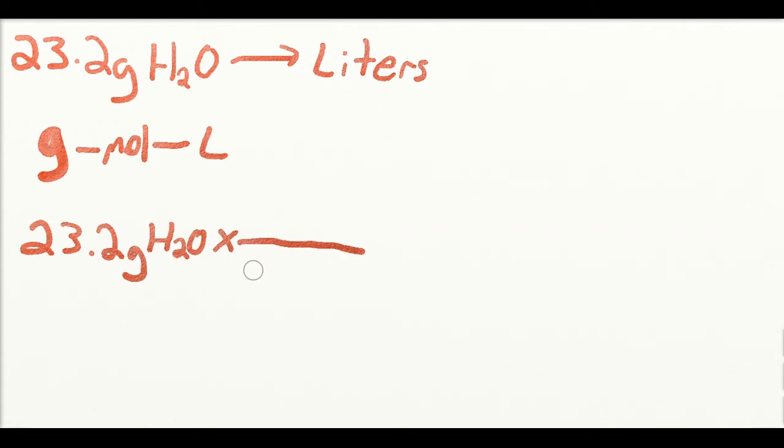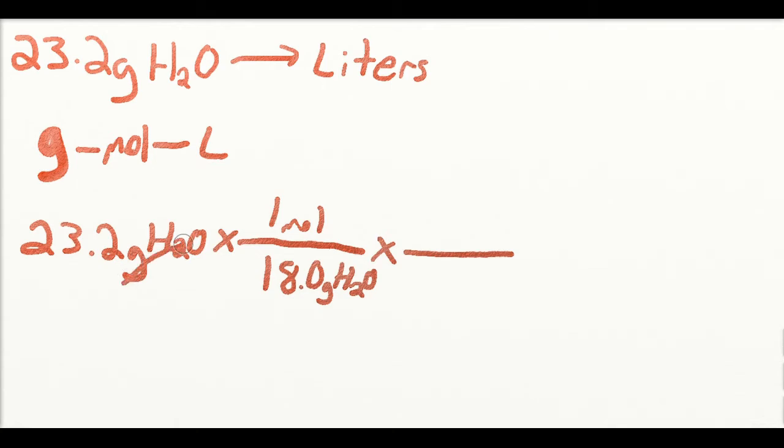The molar mass of H2O: H is 1 times 2, plus 16, that should be 18.0 grams of H2O to 1 mole on top. We continue with another times and another line. The grams of H2O cancel off, leaving your answer in mole.